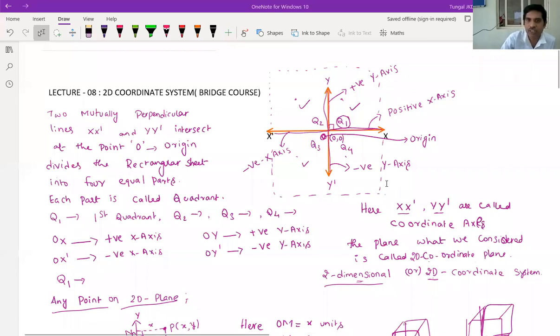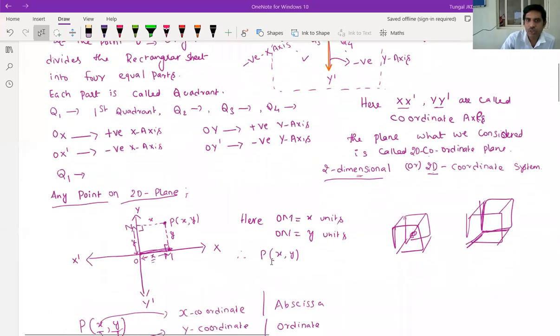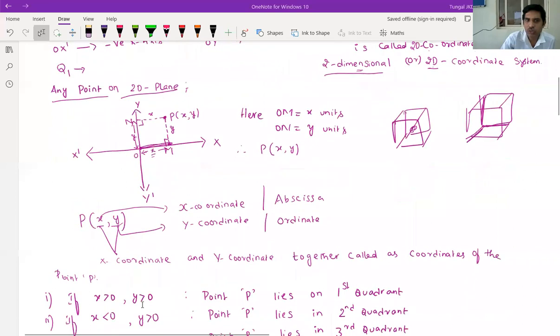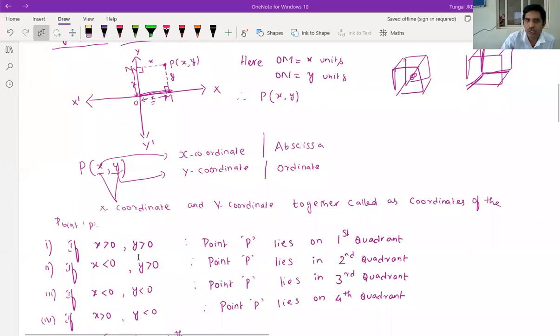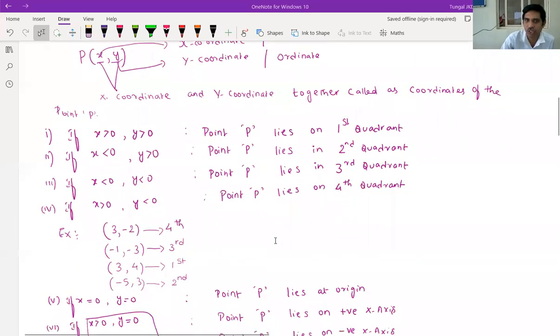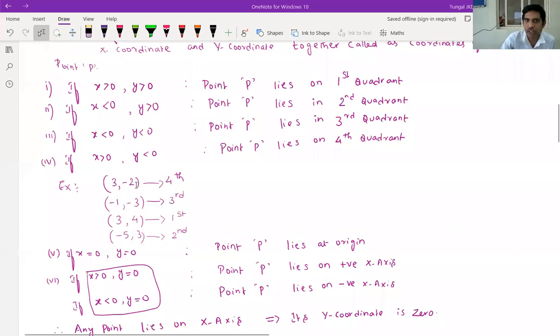In which quadrant which coordinate is positive and which is negative. Next, one point taken on the 2D coordinate plane, how its x coordinate and y coordinate behave when it lies in the first quadrant, second, third, and fourth, according to whether the x and y values are positive or negative.